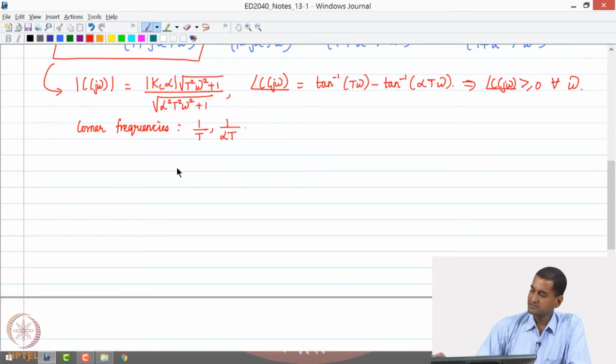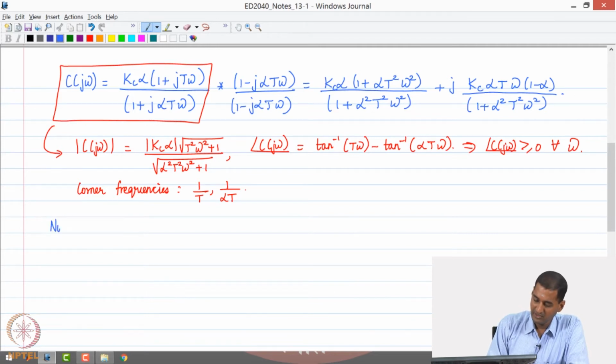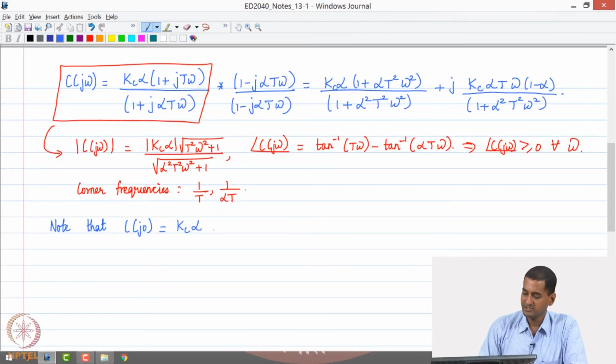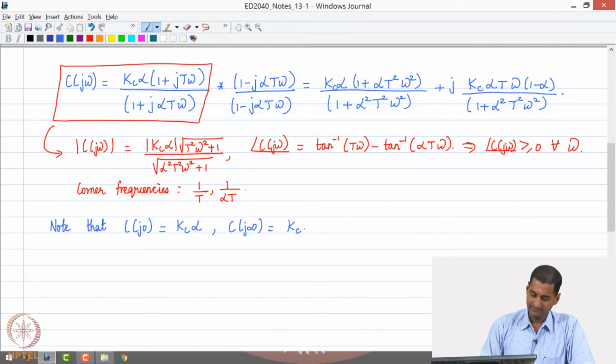Now if we look at the real and imaginary components of C(jω), we can immediately notice that the value of C(jω) at ω equals 0 is just Kc α, because the imaginary component vanishes. As ω tends to infinity, once again the imaginary component vanishes and C(j∞) is just Kc.